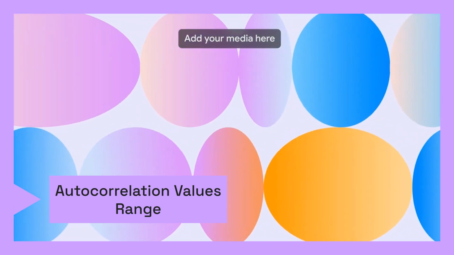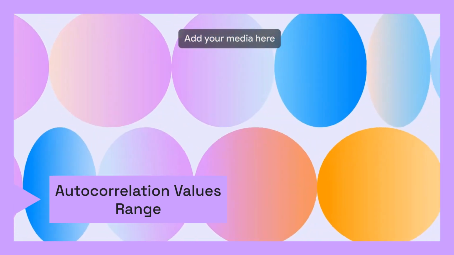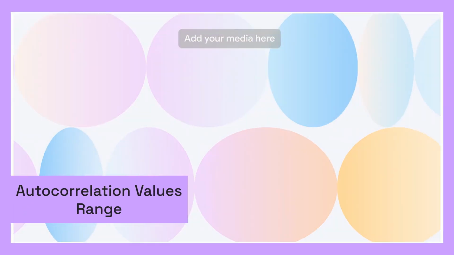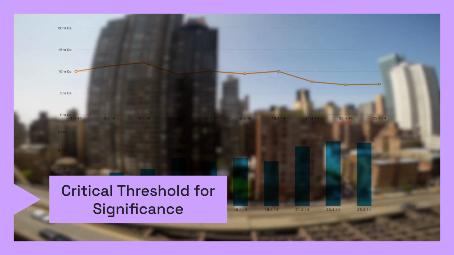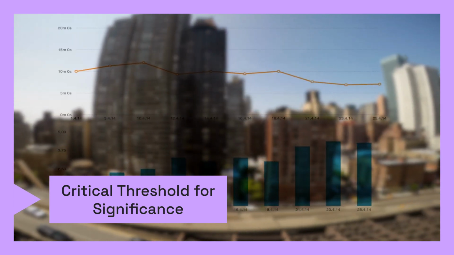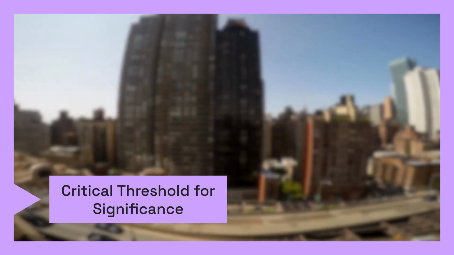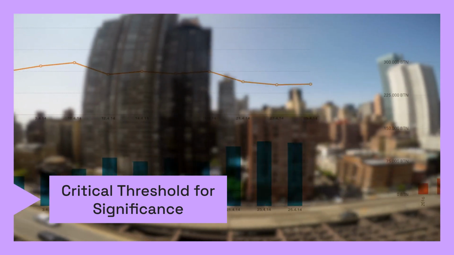A value close to +1 indicates a strong positive correlation, and a value close to -1 indicates a strong negative correlation. To judge the significance of your autocorrelation values, you can use a critical threshold, often approximated as ±2 divided by the square root of n, where n is the number of data points. Values outside this threshold are typically considered statistically significant.